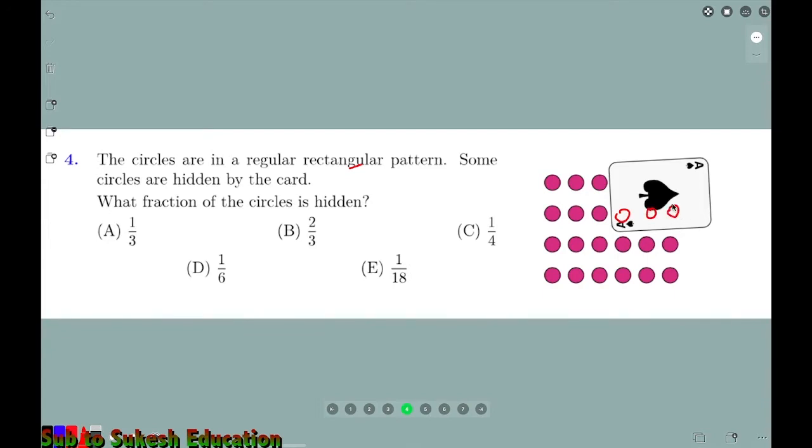So there are going to be 3 circles here and 3 circles here, right? And then in total there's 1, 2, 3, 4, 5, 6, 7, 8, 9. Wait, guys, wrong counting. 1, 2, 3, 4, 5, 6, 7, 8, 9, 10, 11, 12, 13, 14, 15, 16.